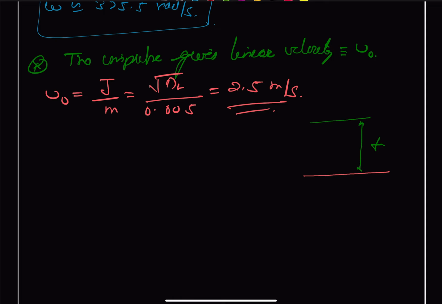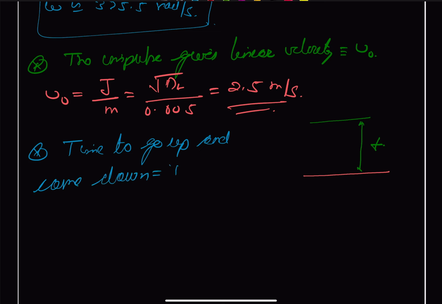Therefore the time to go up and come down, let us suppose that is capital T, will be equal to 2 times small t, which is equal to 2 v naught by g.